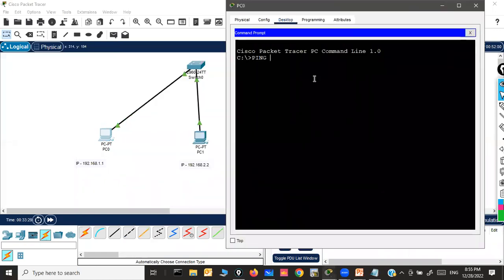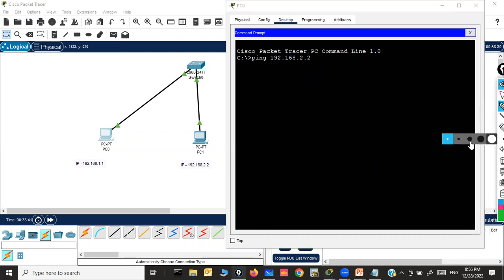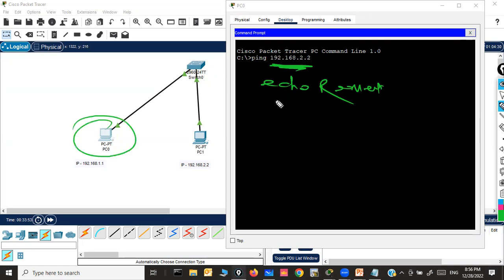If I try to ping, which is a command to verify network reachability, this 2.2, I'm trying to send an echo request packet to this machine. So computer 1 will send an echo request packet to this machine.